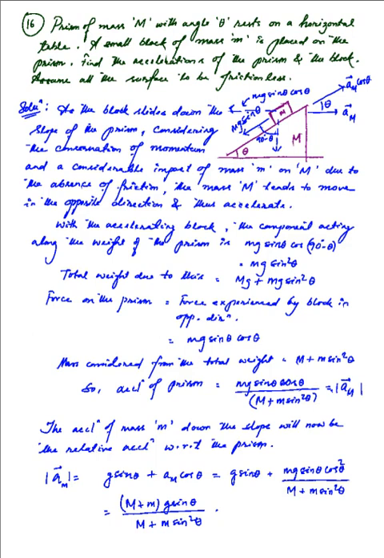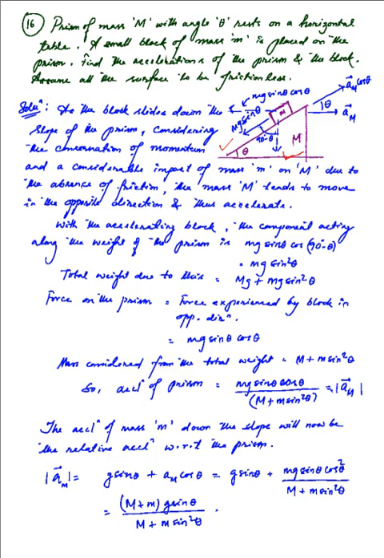Now, with the acceleration of the block, the component acting along the weight of the prism that you can see in that picture over there, you have an mg sine theta acting along this direction, that is downward direction, and then you have 90 minus theta, that's the angle over there, when we consider the downward direction.